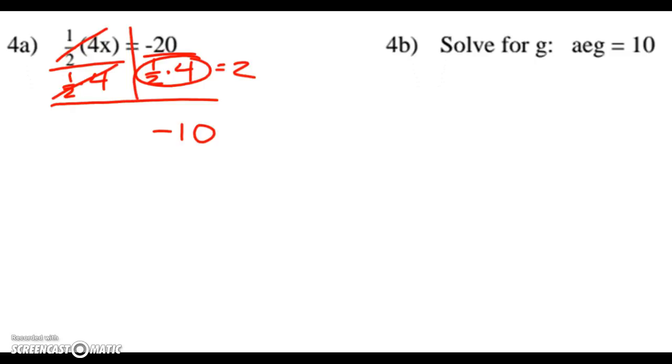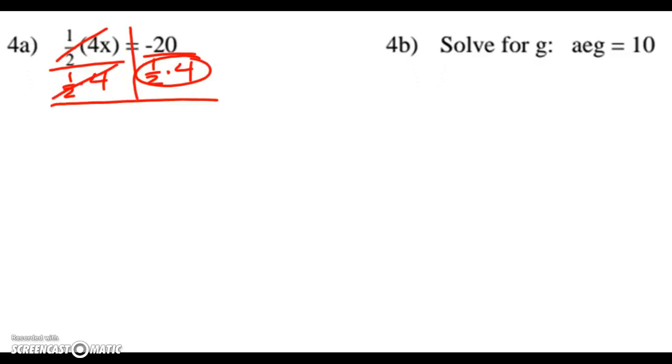The reason I'm showing you that is because in 4b, we have to divide by two things at the same time. So, for instance, you'll notice they want us to solve for g, and g is being multiplied by a times e. If we knew what a and e were, we could get a number, and we could divide both sides by whatever that number is.